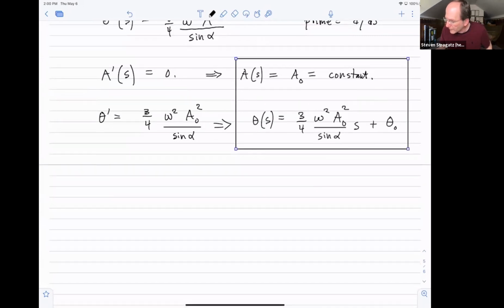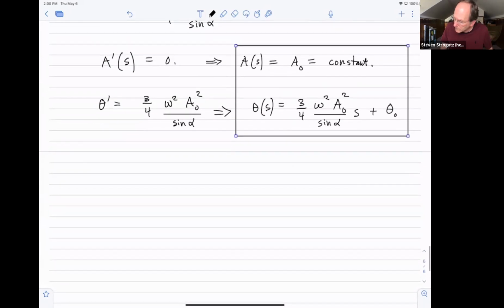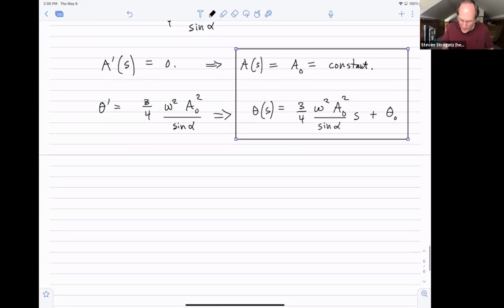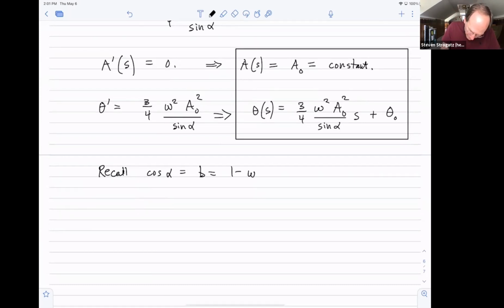So putting everything together, well, actually, why don't I rewrite sine alpha? Because I earlier had, recall, what was it? We had a formula for cosine of alpha. Wasn't it cosine of alpha was, that was the thing we called B, which was 1 minus omega squared.